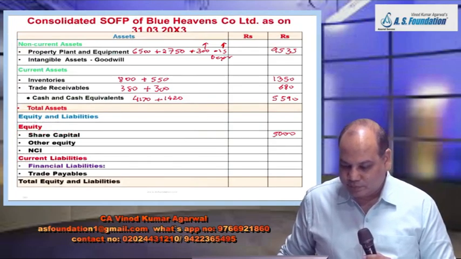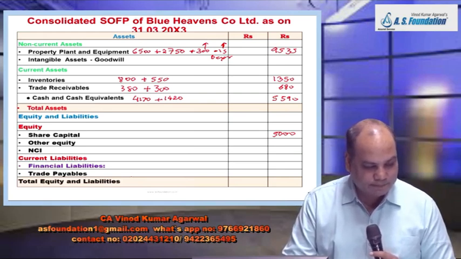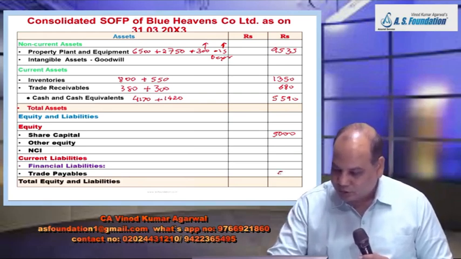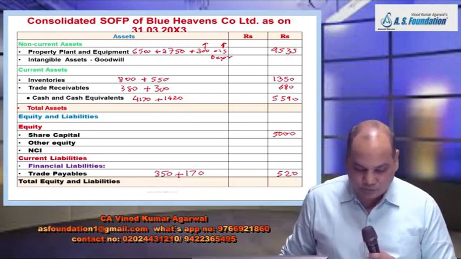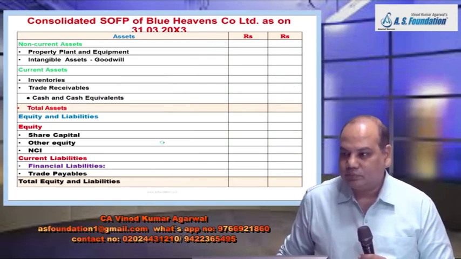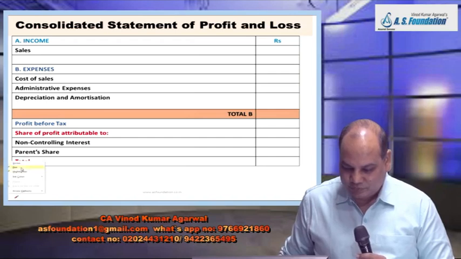Then we have trade payable. Come back to SOFP. Trade payable 350 plus 170, 520. Then come to SOPL, sales.